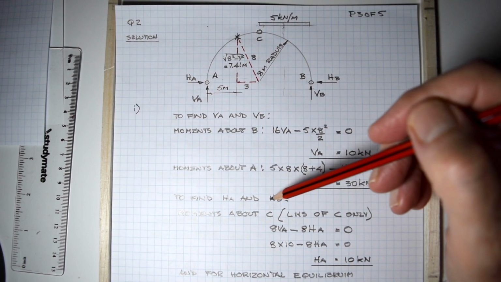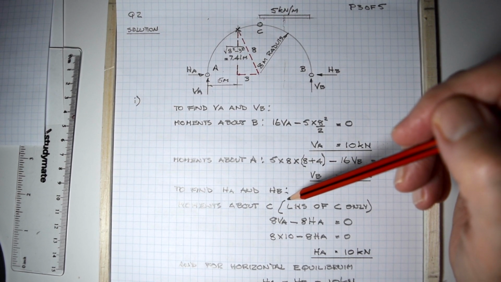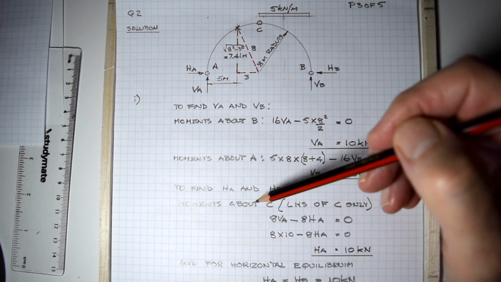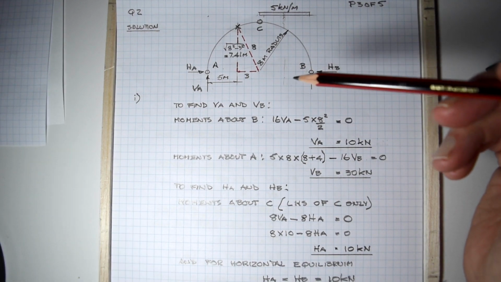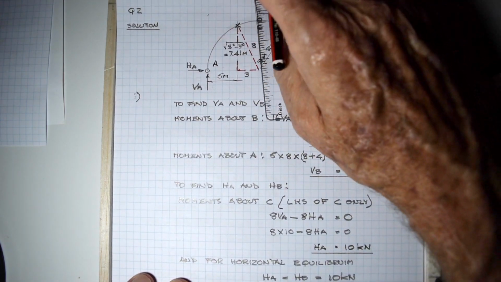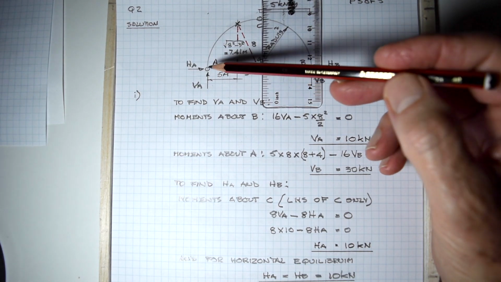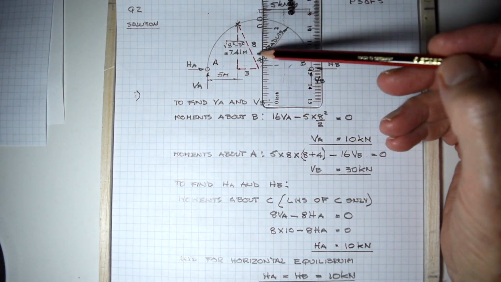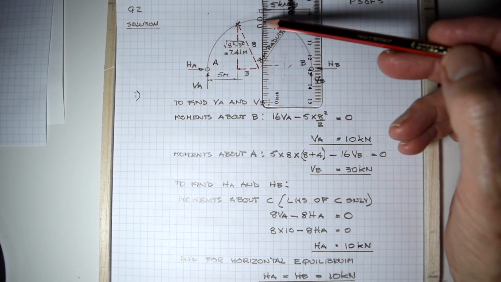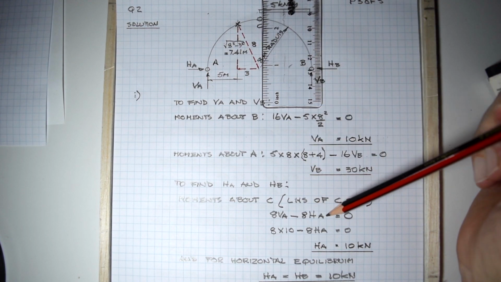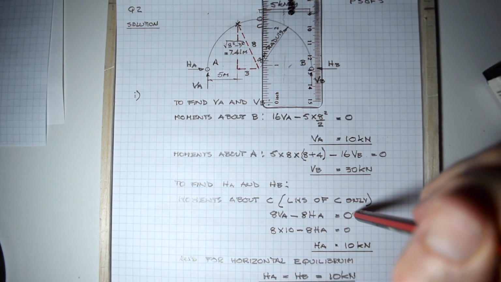To find HA and HB, we take moments about C, the left-hand side of C only. 8 VA, clockwise around there, minus 8 HA, anti-clockwise around there, equals 0, because the moment at the crown C equals 0.